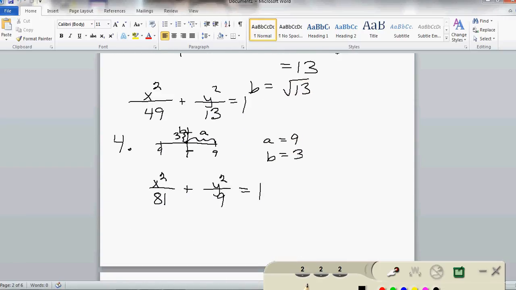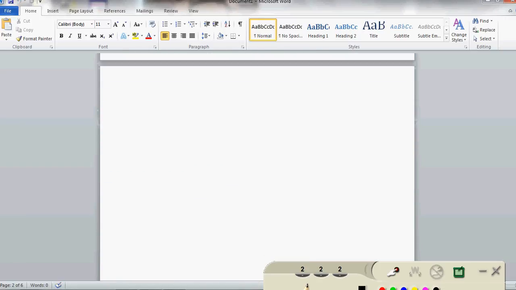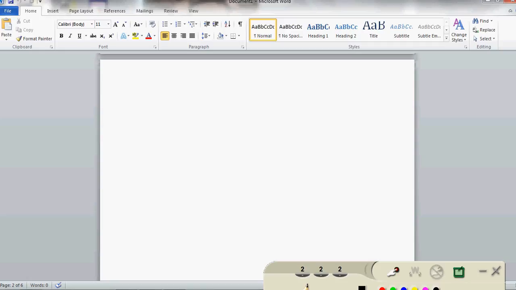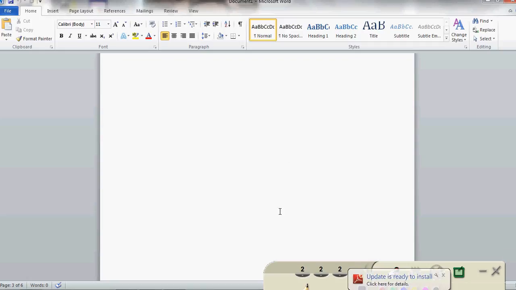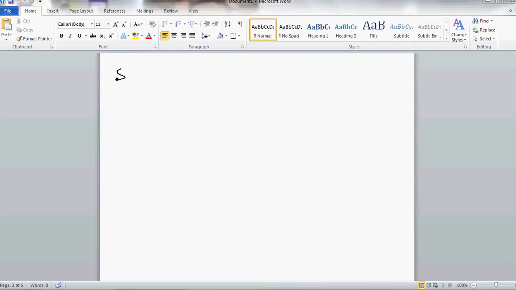Example number 5 asks us to graph the ellipse and to locate the foci. And so here we go. We have 4x squared plus 9y squared equals 36. Well, in order to do anything, we need to get this to be a 1. So we need to divide everything through by 36.